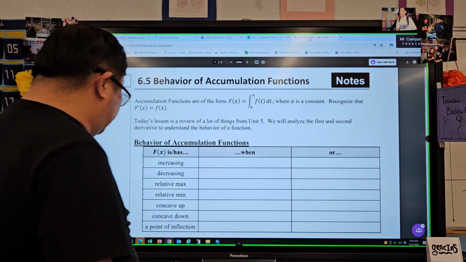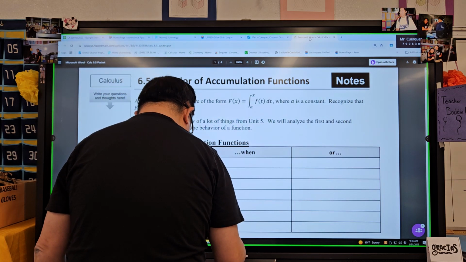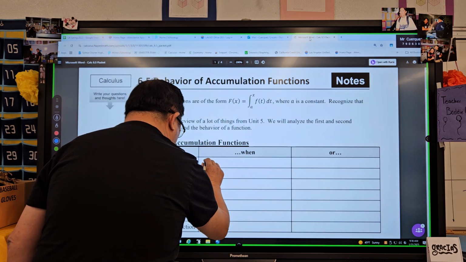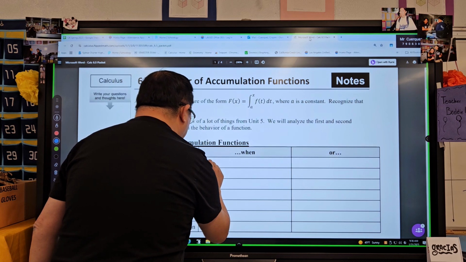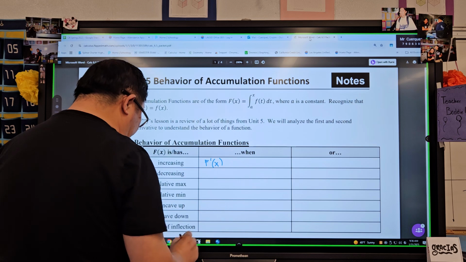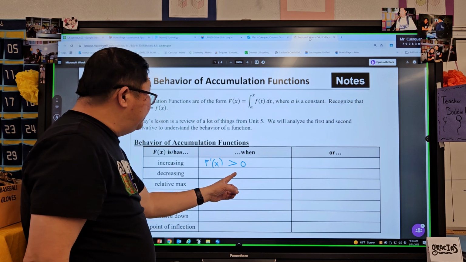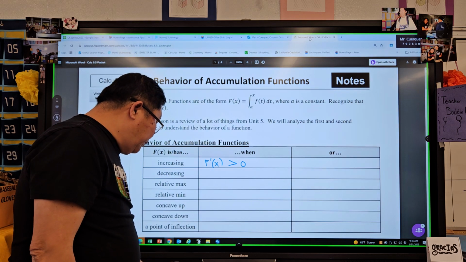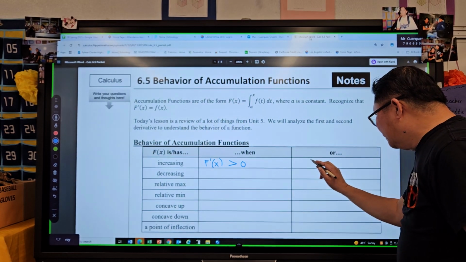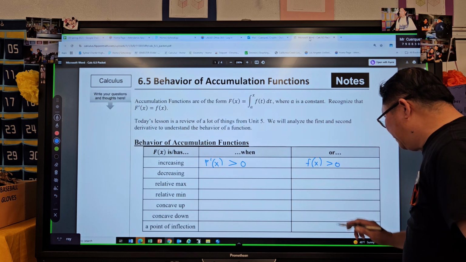We have increasing, that means F prime of x is greater than 0, or we shall say the f of x, the small f, is greater than 0. Okay?